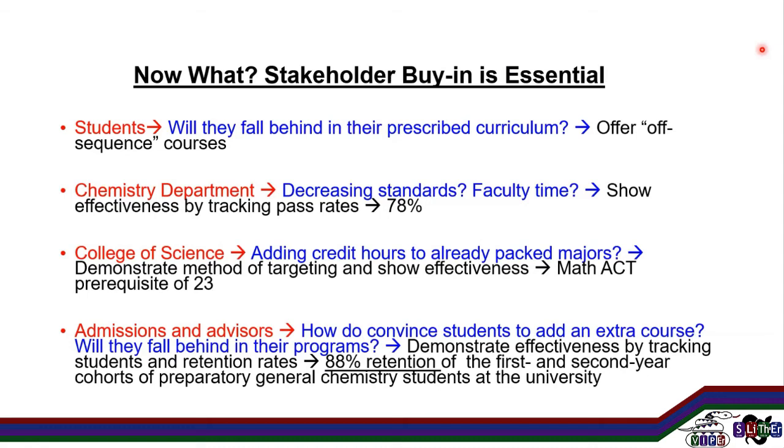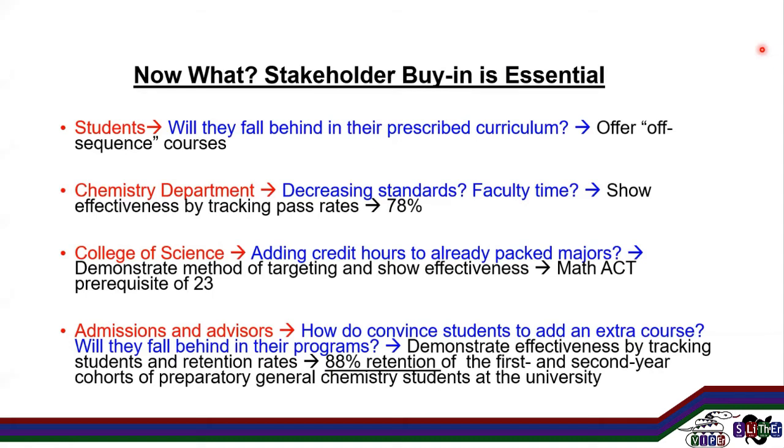Chemistry department does not want low pass rates. They want higher pass rates because really, and all of you know this, when administration talks about retention, chemistry is often the target when we're talking about retention. And College of Science, so we're talking about primarily biology majors that are taking these courses.